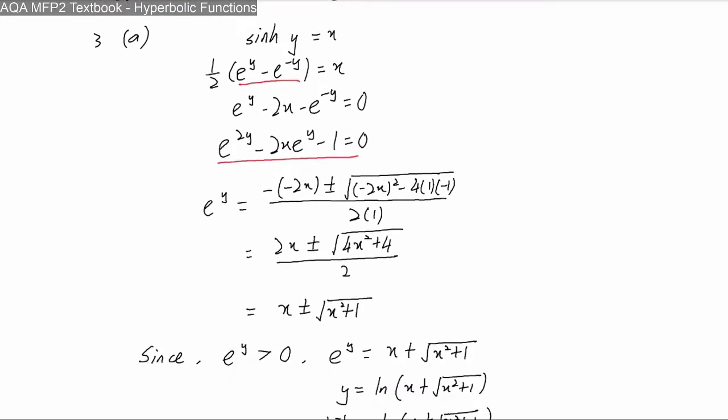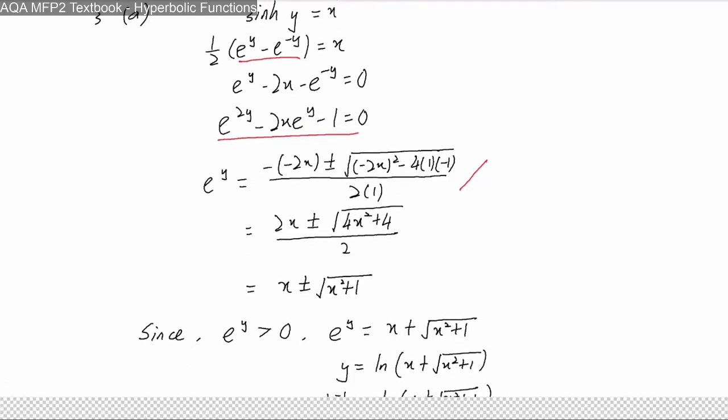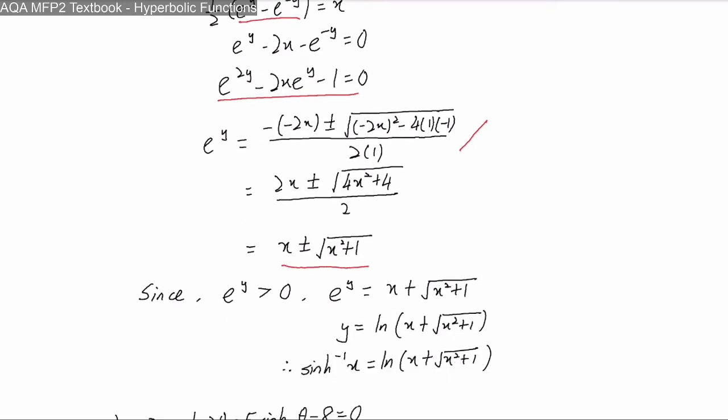We apply the quadratic formula, and we actually have this simplified form, which is x plus or minus the root of x squared plus 1. We cannot take both values, because e to the power y must be greater than 0. This is what we know about the property of the exponent.